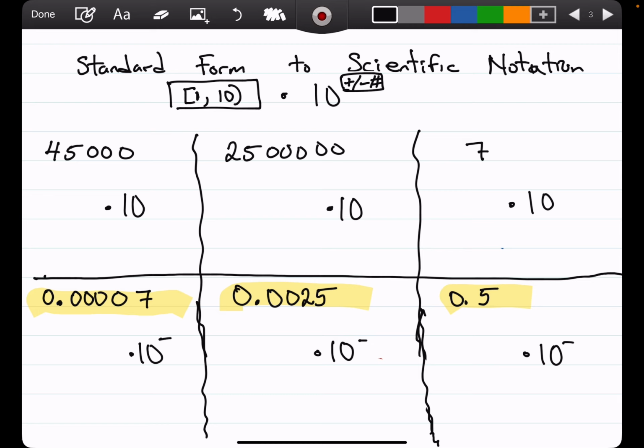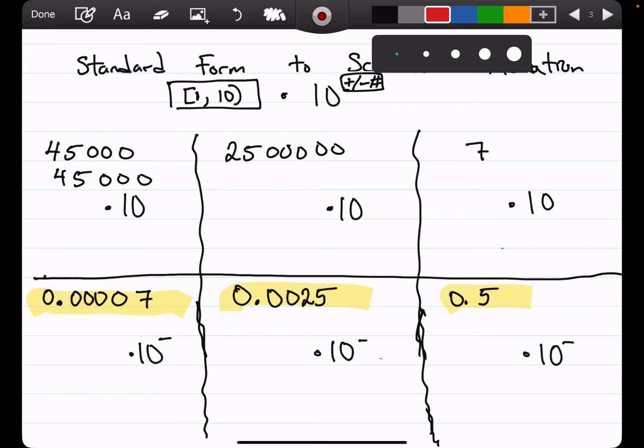Question with this. Now, all you need to do now, look at this. 45,000. For this number to be between 1 and 10, but less than 10, where do I need to put the decimal point? Is it after 5 or between 4 and 5? Between 4 and 5.